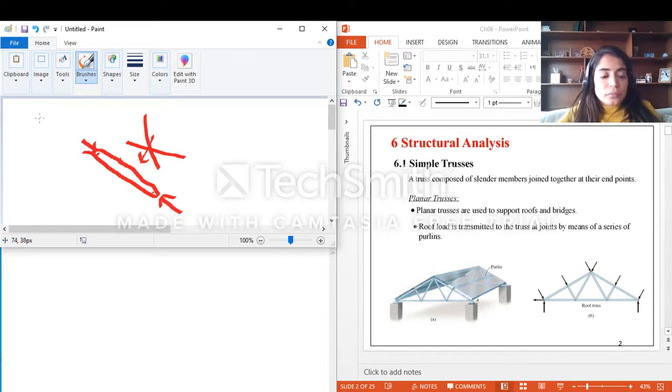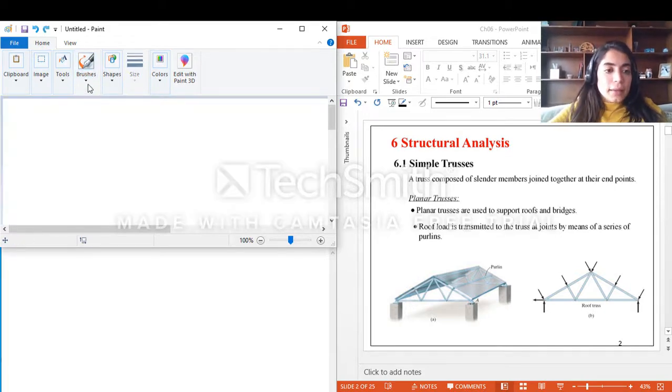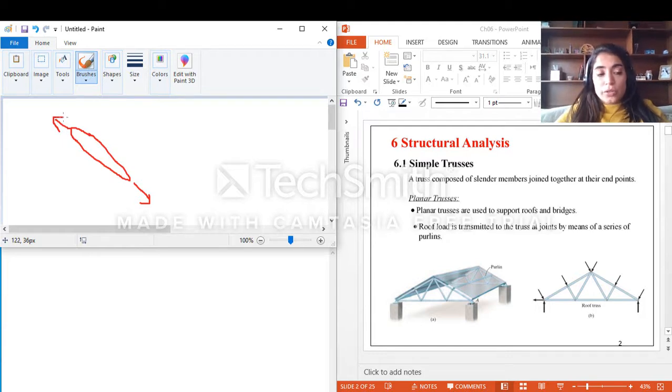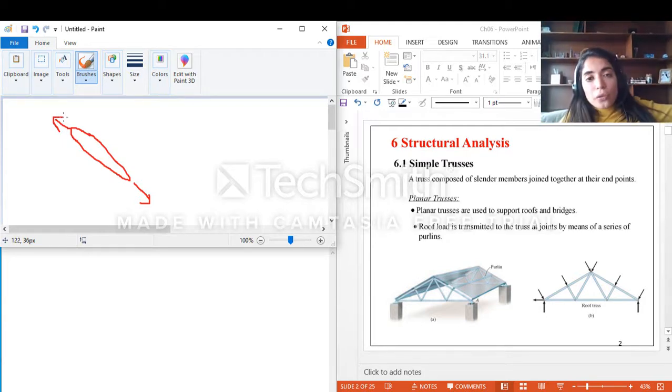Second, guys, I want you to recognize the difference between a tension and a compression. If I have this member here, and the forces in this member are, of course, opposite in order to conserve equilibrium, and are out from this member, is it a tension or a compression?